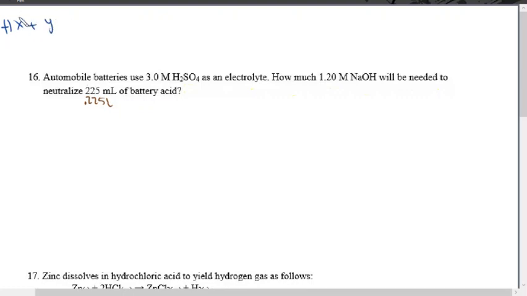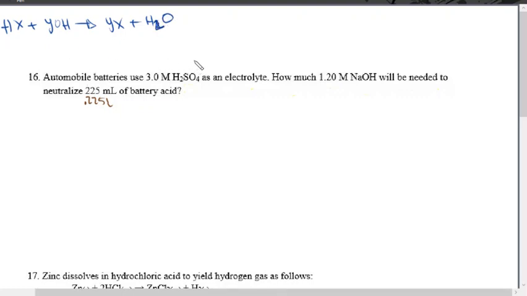This will be your anion. This will be a cation. OH will react to give you YX plus H2O. Now that's going to be your monoprotic.